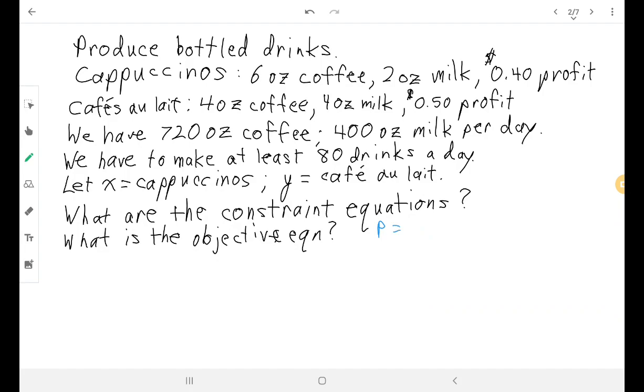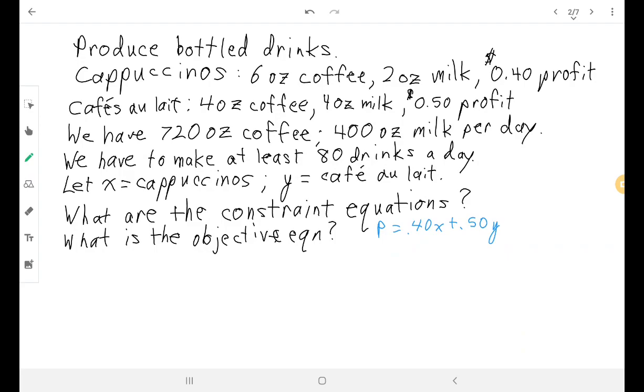What is profit? Well, we make 40 cents for every cappuccino, so that's 40 cents times the number of cappuccinos, plus we make 50 cents for every cafe au lait that we sell. So our total profit would be 40 cents times every cappuccino plus 50 cents times every cafe au lait.